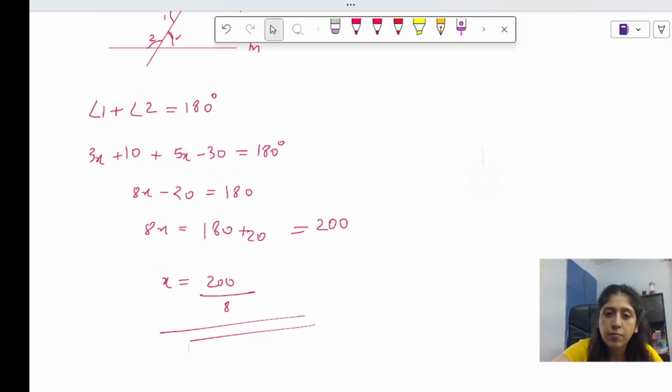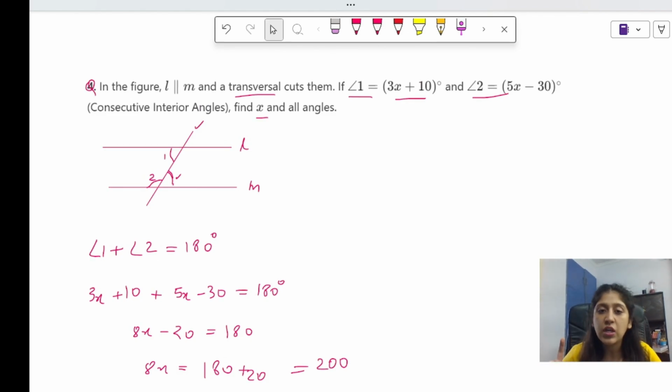Concept मुझे clear करवाना था आपको कि आपको पता होना चाहिए. You need to know how to identify every angle. ठीक है, angle 1 and 2 are consecutive interior angles. Alright? And if I say angle 3 over here, what is angle 1 and 3? Can anybody tell me? Angle 1 and 3 क्या है? Angle 1 and 3 are alternate interior angles. ठीक है?